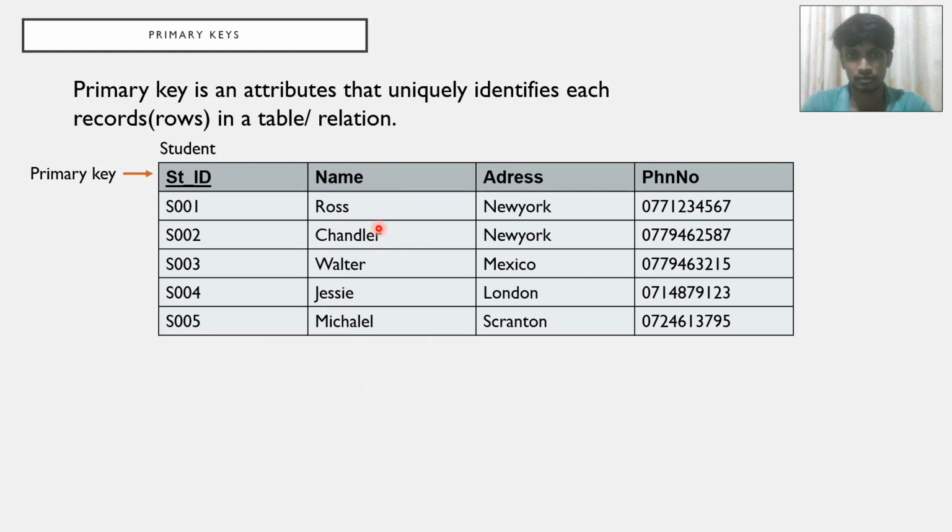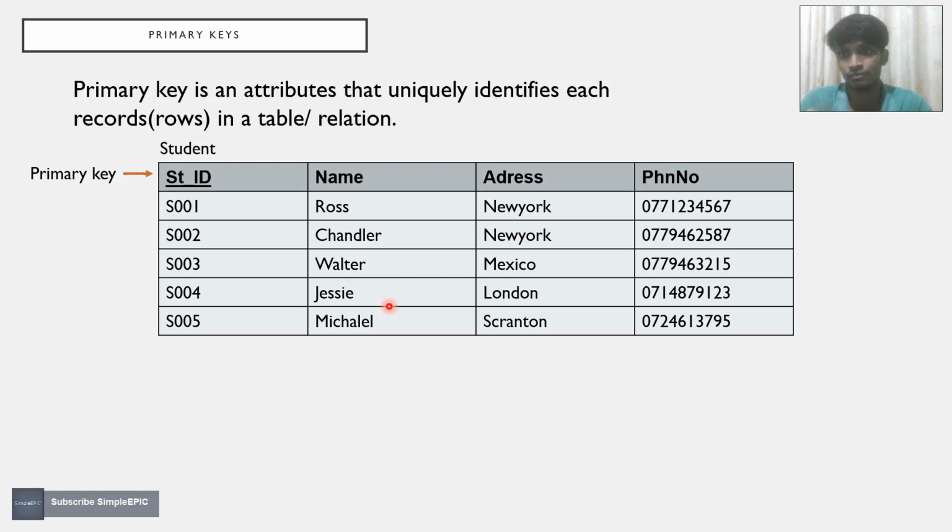In this table, Ross, Chandler, Walter, Jesse, Michael are unique values, but in the general world, or in a practical scenario, there must be two persons, or more people, who have the exact same name.